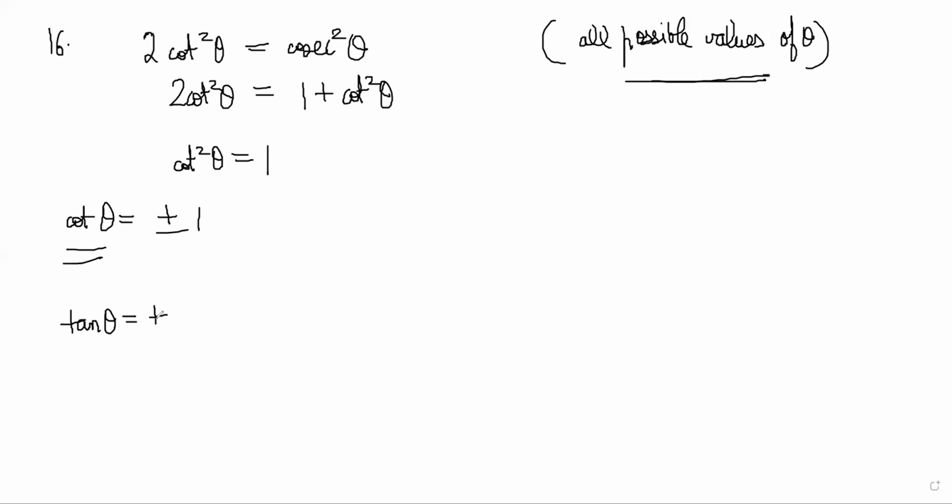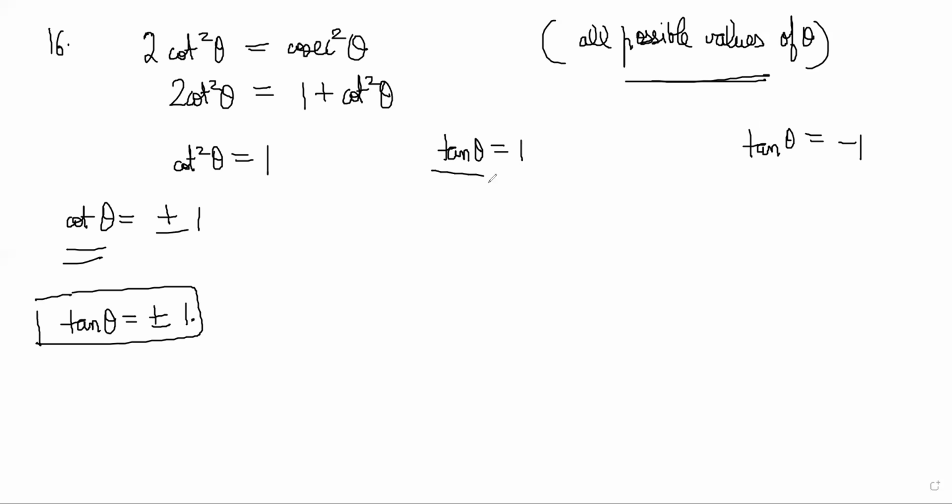So I'll write tan theta is plus or minus 1 here. If cot theta is plus or minus 1, obviously tan theta is also plus or minus 1, no? So my possible answers are the answers which come from this and the answers which come from this, right? These are the possible angles that will satisfy this equation, right?